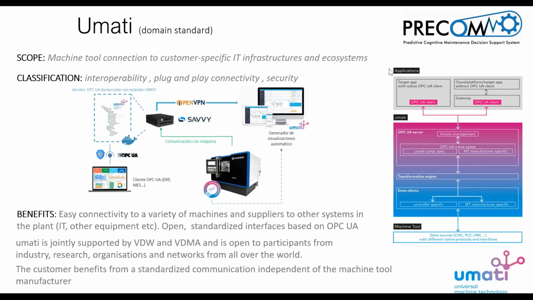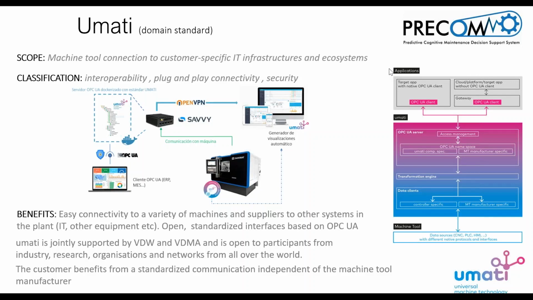So as we can see in the graph on the right side, normally when we have a machine tool, we have different data sources like CNC, PLC, HMI, different elements of the machine, which have native protocols and interfaces. Over that, normally the machine tool manufacturer constructs all his data structure. And so we have then data which can be controller specific and also machine tool manufacturer specific.